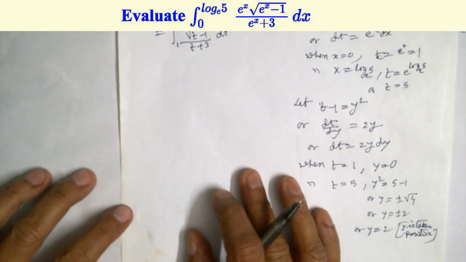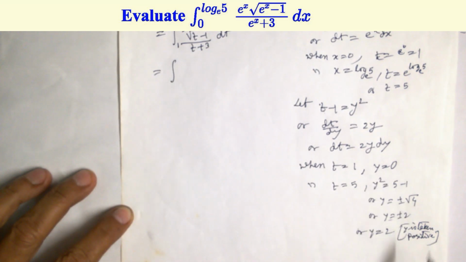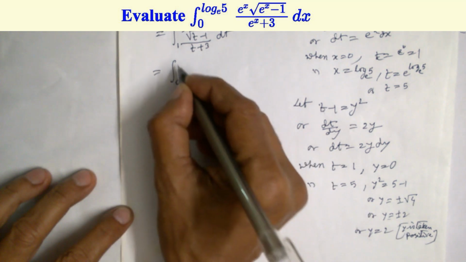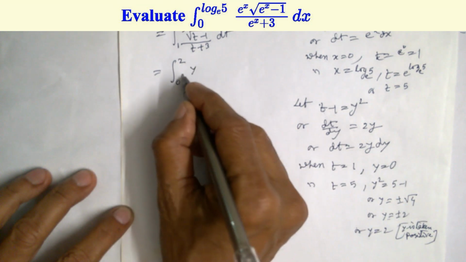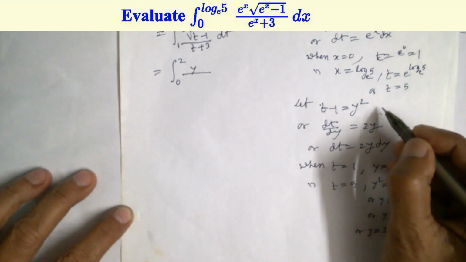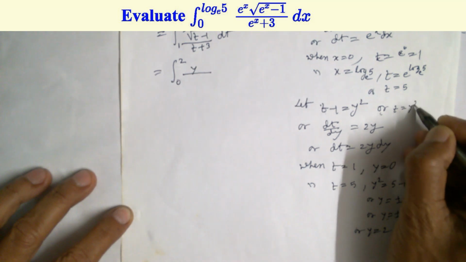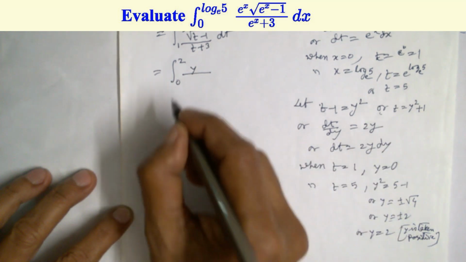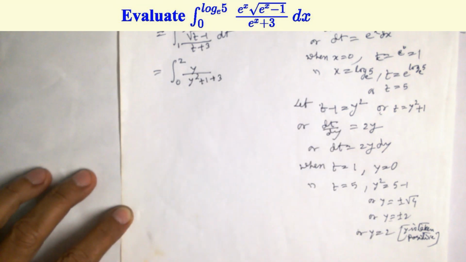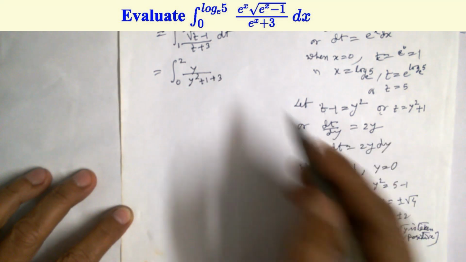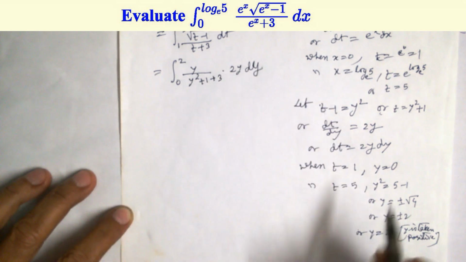So now change the limits and reduce the function: 0 to 2, root over y square times y. From here, t is equal to y square plus 1, so y square plus 1 plus 3, and dt is equal to 2y dy.